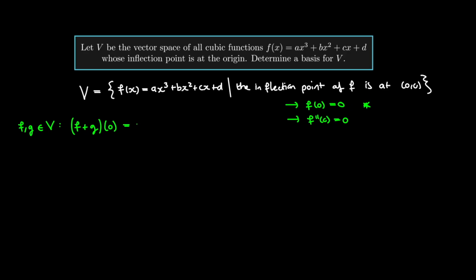Well, very simply, this is just f of 0 plus g of 0. And that's of course equal to 0 because both of these things here are 0. Okay, so this is 0. So condition 1 is true for the sum of two such functions. Okay, well, what about the second condition? Well, if I take the second derivative of such a sum, I get this.